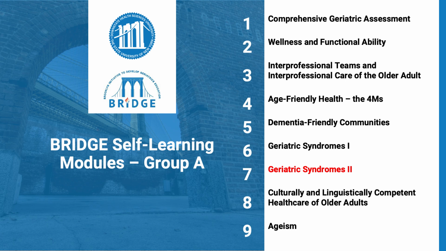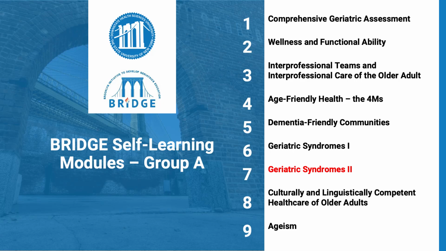The curriculum consists of self-learning modules, or BRIDGE, Brooklyn Initiative to Develop Geriatric Education modules, consisting of topics on the comprehensive geriatric assessment, wellness and functional ability, interprofessional teams and interprofessional care of the older adult, age-friendly healthcare systems and the 4Ms framework, dementia-friendly communities, geriatric syndromes 1 and 2, culturally and linguistically competent health care of older adults, and ageism.